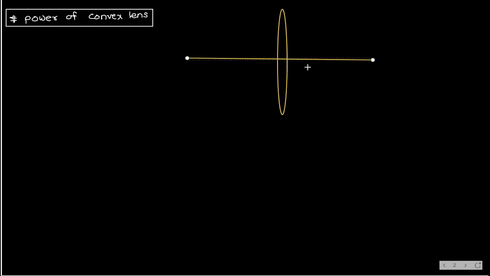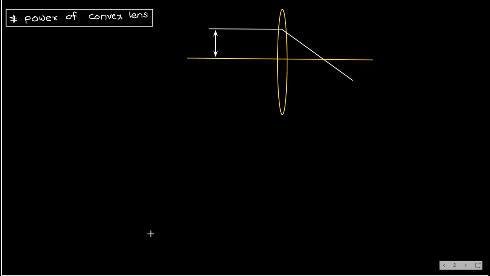Okay. So see now, this is a convex lens, and this is the principal axis. Now what I am doing, I am incidenting a ray of light like this, and then it will converge like this. And let us suppose this height is h.